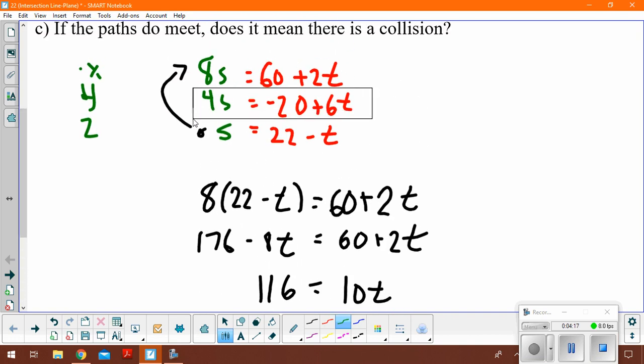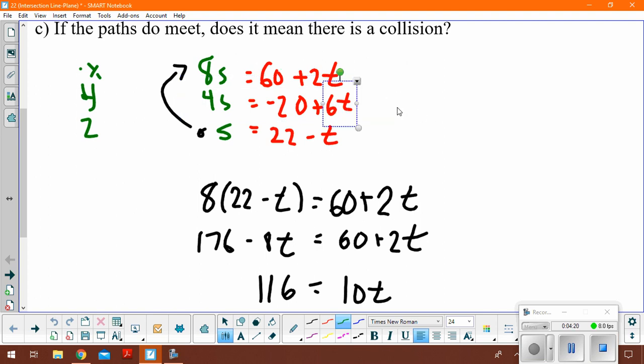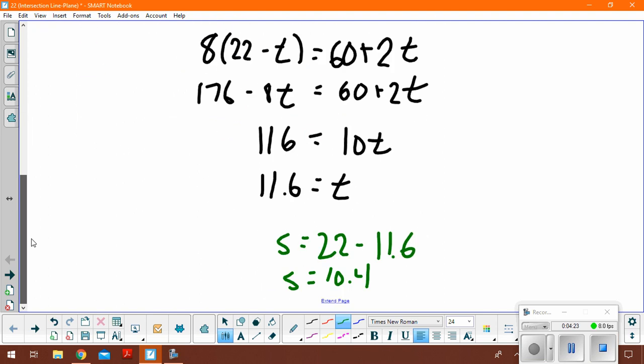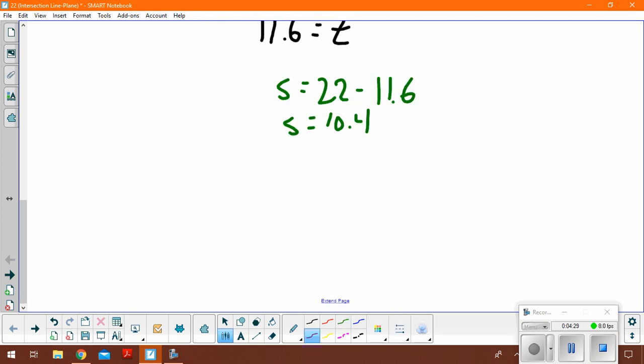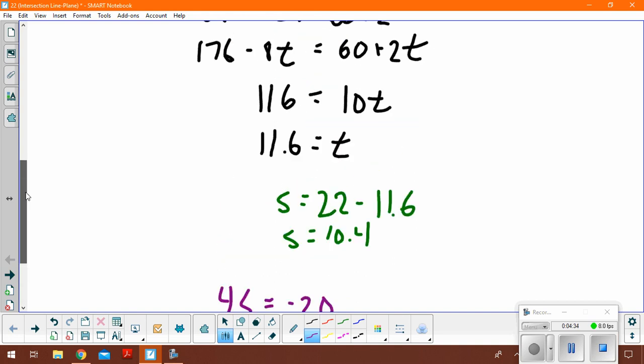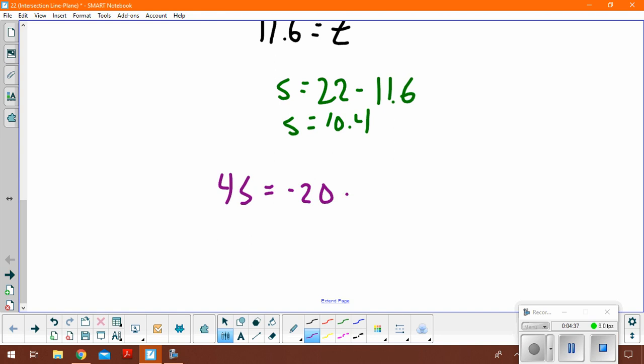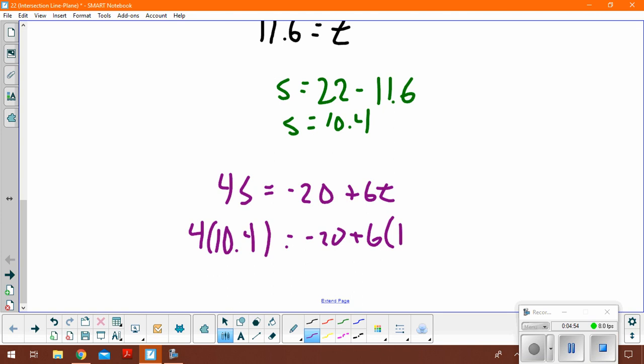Now I have to plug that into the equation in the middle and see if that actually works. My remaining equation is 4s equals negative 20 plus 6t. So 4 times 10.4, and negative 20 plus 6 times 11.6.